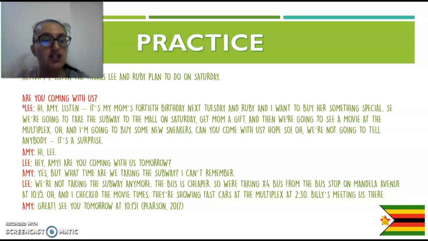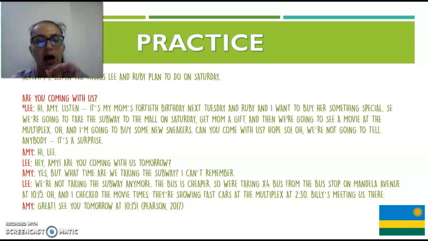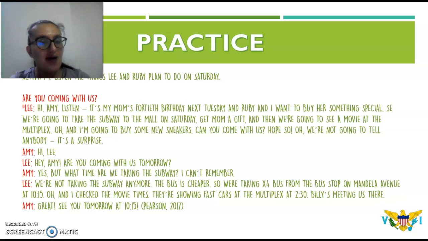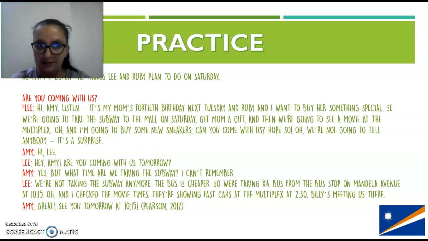The bus is cheaper. So we're taking extra bus from the bus stop on Mandela Avenue at 10:15. Oh, and I checked the movie times. They're showing Fast Car at the multiplex at 2:30. Bill's meeting us there. Ray, see you tomorrow at 10:50.